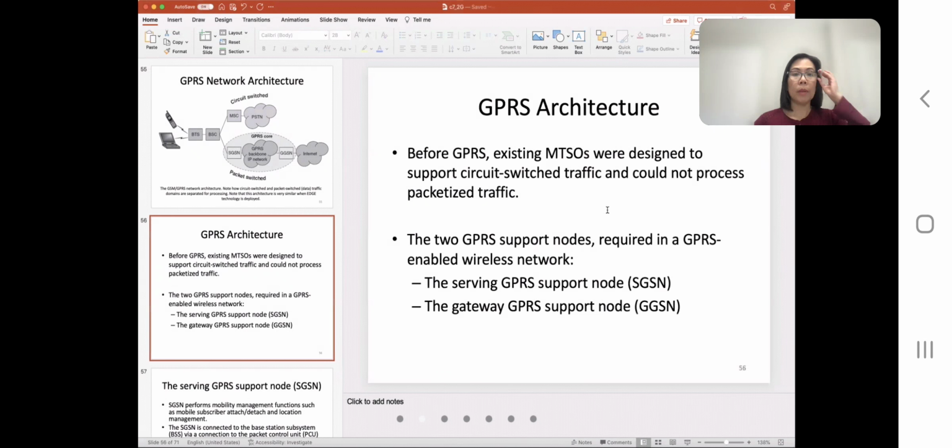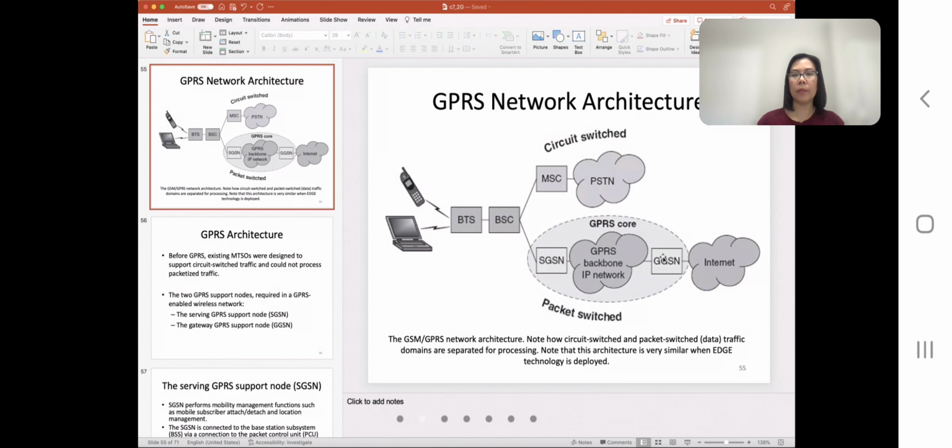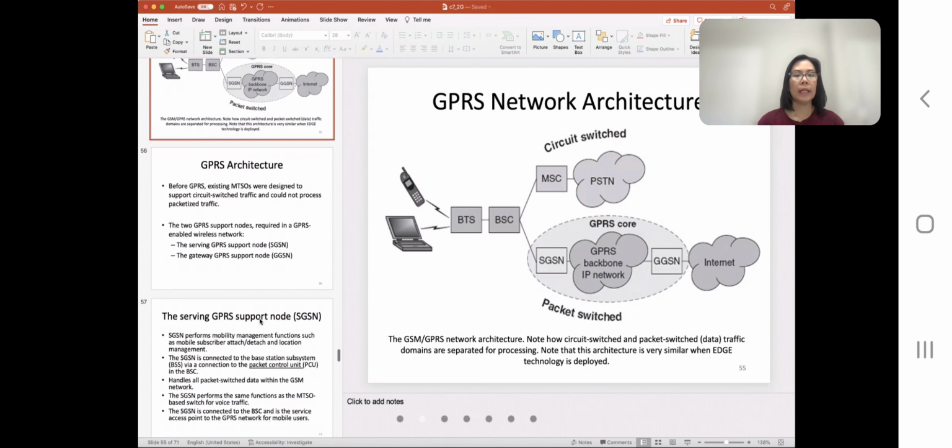We said before that existing mobile telephone switching offices were designed for circuit switching traffic, and they could not process packetized traffic. So now we need a GPRS network, and it has these two nodes here.